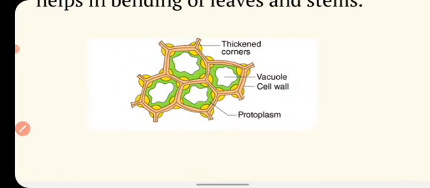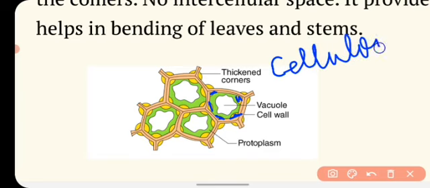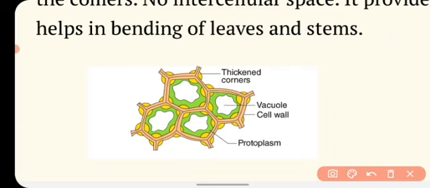In collenchymatous tissue, the cells have thicker cell walls comparatively to the parenchyma, and their cell walls are irregular due to irregular thickening. This irregular thickening is due to the deposition of cellulose at the corners, which is the characteristic feature of collenchymatous cells.